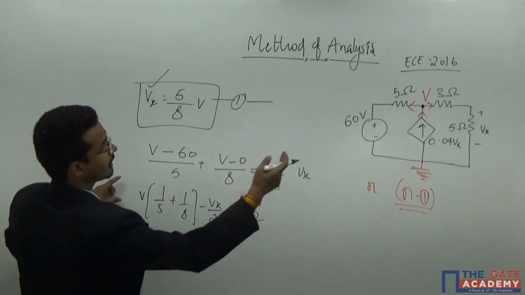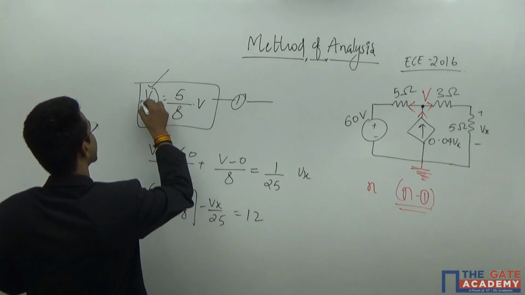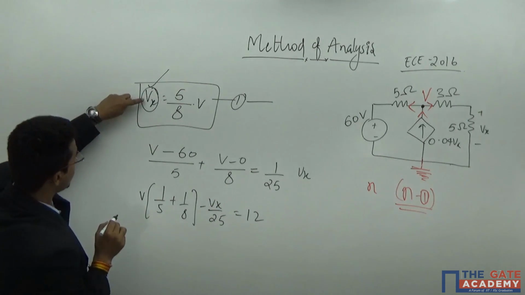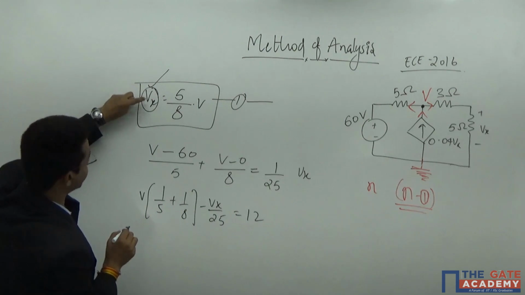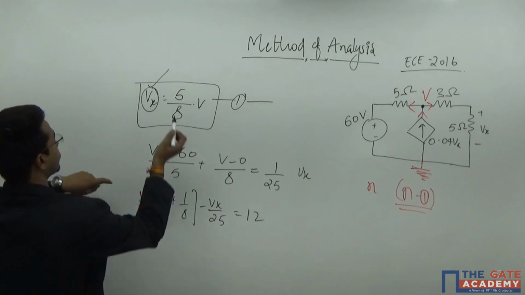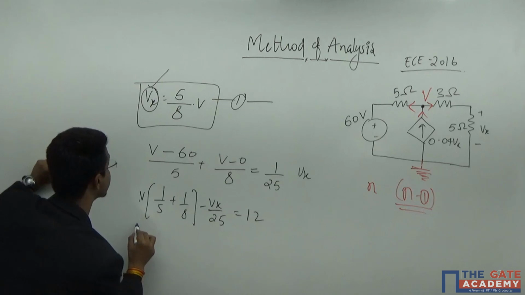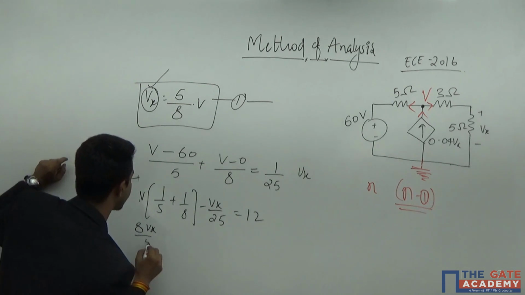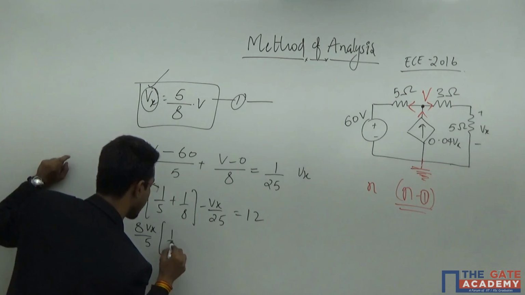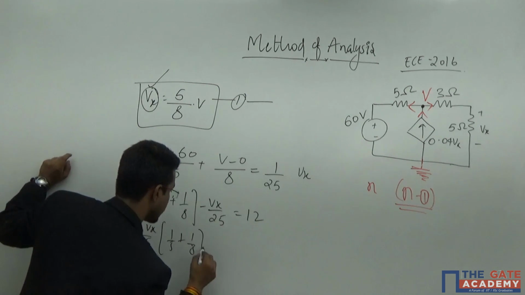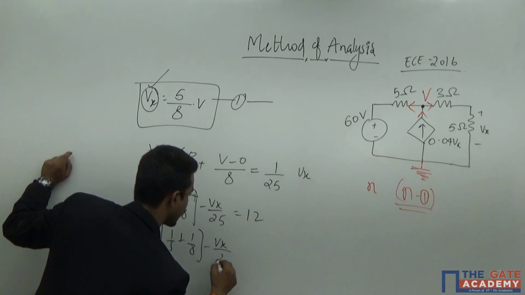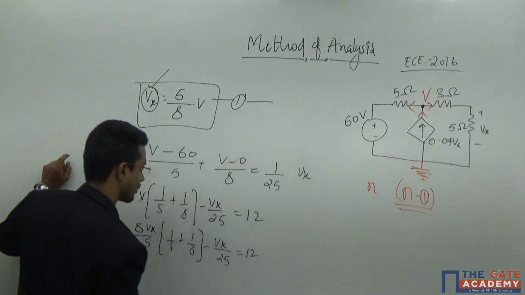Now I want to calculate the value of Vx. That means my equation will contain only Vx, so I will put V as a function of Vx. That means 8 Vx by 5 is V, so (1 by 5 plus 1 by 8) times 8Vx by 5 minus Vx by 25 is equal to 12.